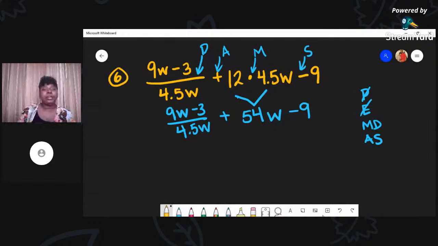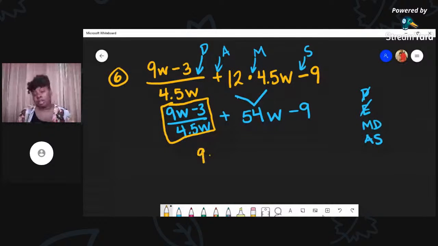Now, did you learn how to split a fraction? No. Okay, let me show you with just regular numbers. 9 minus 3. So 9 minus 3 is what? 6.